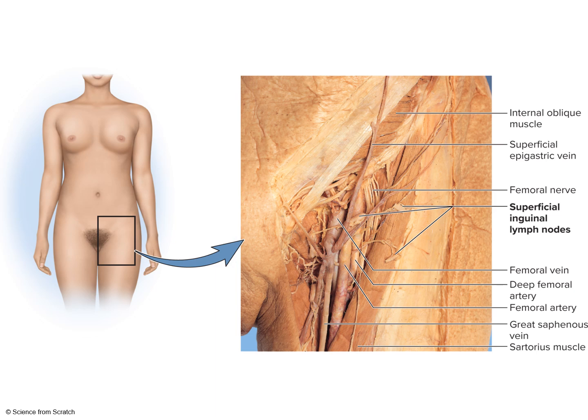And then this is going to show you the real thing, somebody's groin area. But see how small these are? They really look like a grain of rice, about 3 centimeters. They can be really small. And take note of them in comparison to the femoral vein and artery that are noted for you.